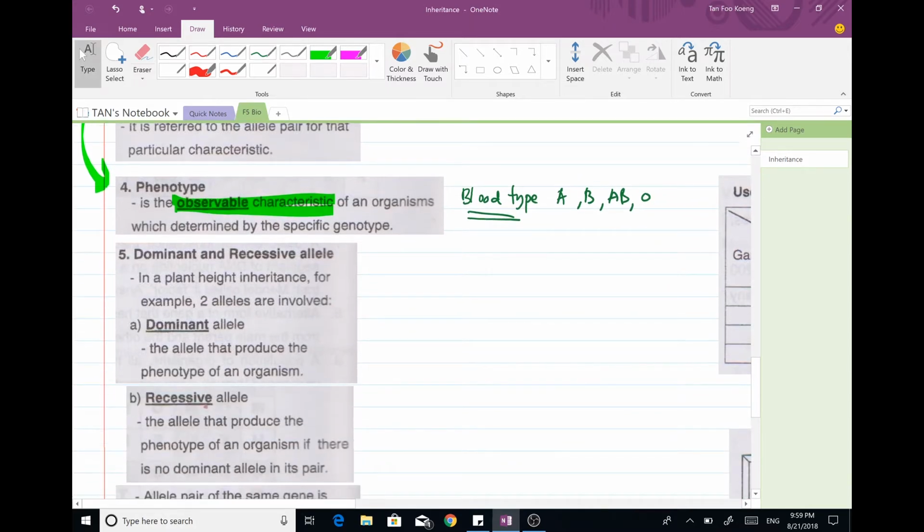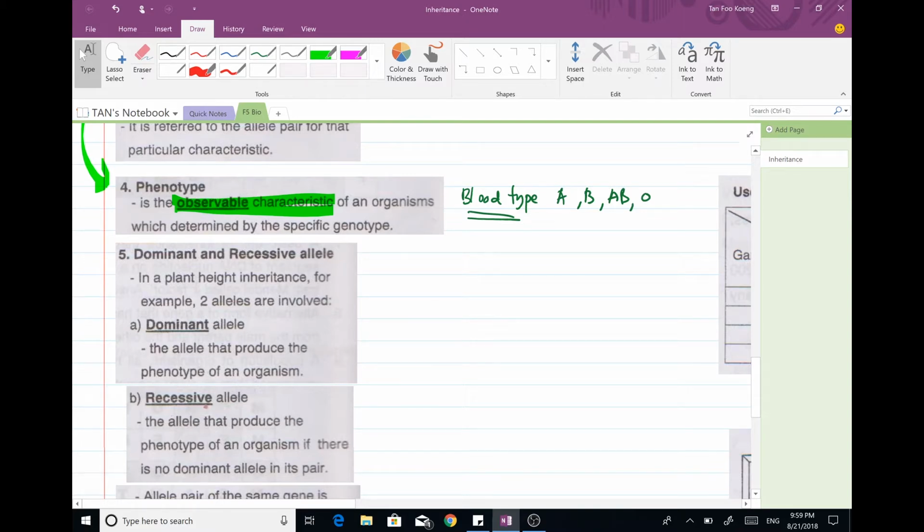Now, still remember what is allele? Allele is the alternative form of that gene, and we have genes that are able to produce the phenotype of that organism. We also have alleles that will only produce the phenotype of that organism if there is no dominant allele in that pair of homologous chromosome.